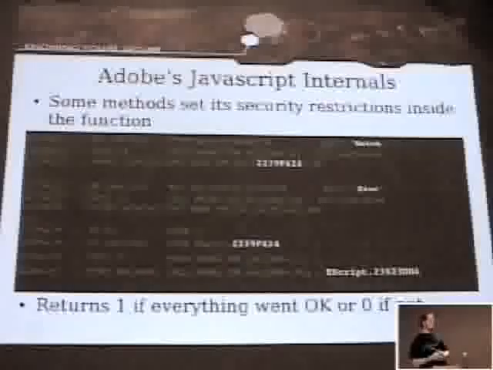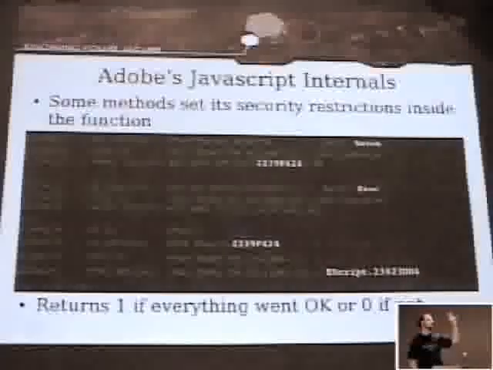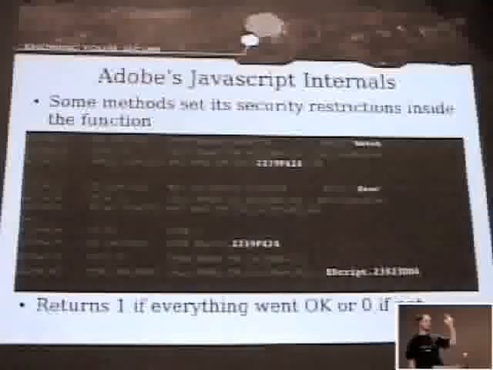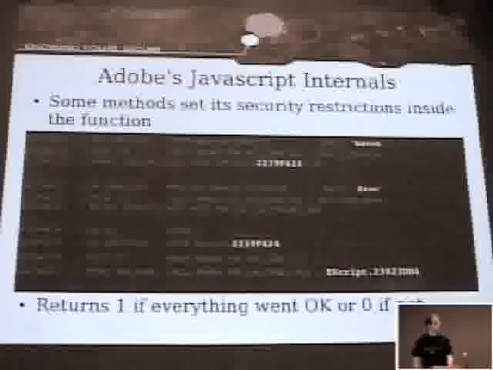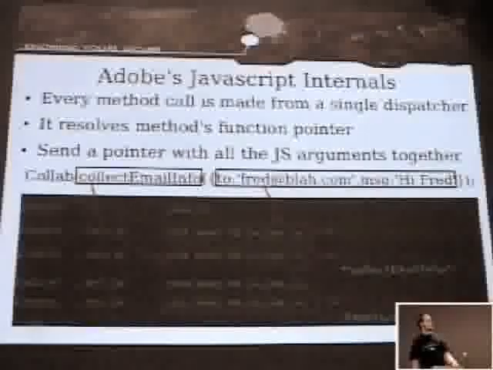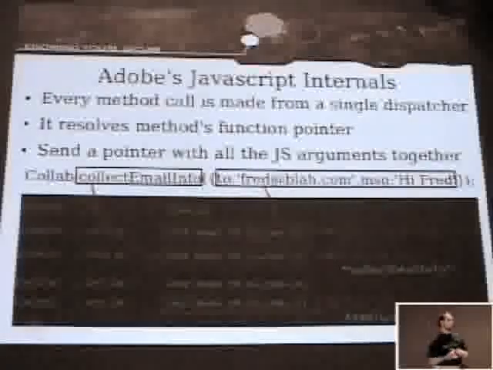And also some methods set some security restrictions inside the function itself. How do they do this? They make a list of allowed events at runtime and compare it with the executing event. And that's how they decide if you can execute that method or not. Every method call is made from a single dispatcher.